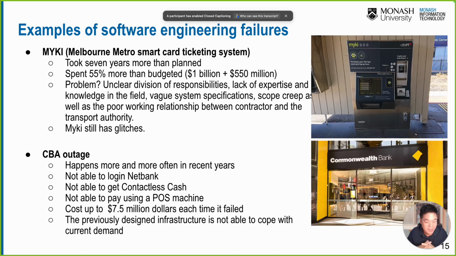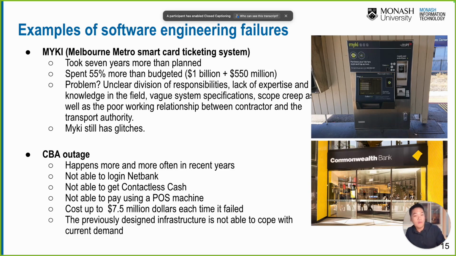I'll just keep talking about this one. Okay, these are two examples of software engineering failures. In the past few years, everyone has used myki, the Melbourne metro ticketing system for Victoria. To develop this myki system, they said it took 7 years more than what they had planned.